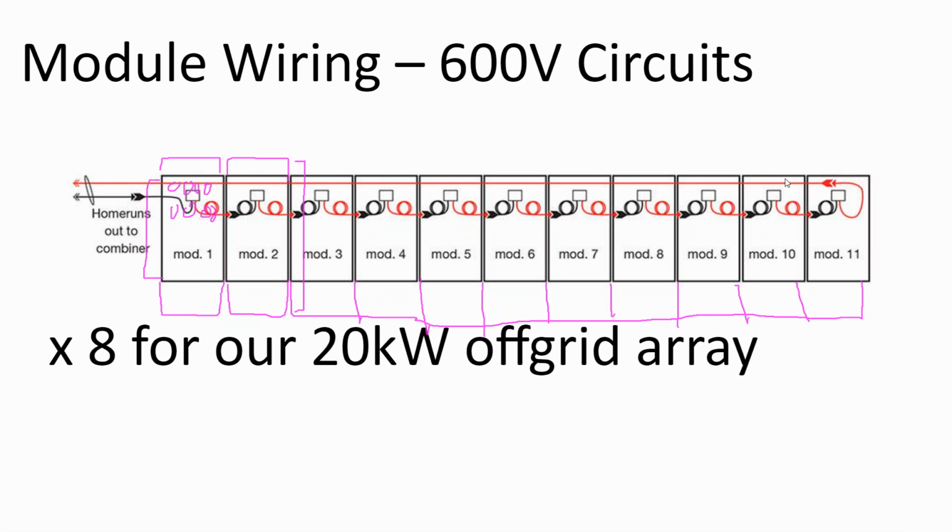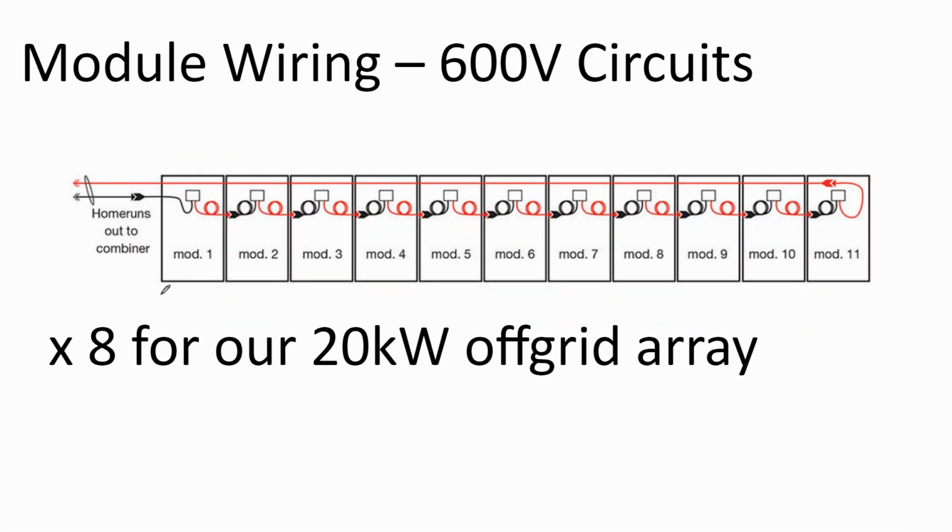A 72 cell module is simply 12 more cells added onto the bottom of the module. So it's a slightly taller module, about 6 feet tall instead of 5 1/3 feet tall. The reason that's important is because of the module whips that come out the back of the module. Normally they just plug right into their next door neighbor. But the module whips are also sized for not just a portrait configuration.